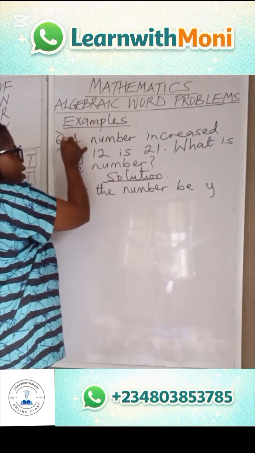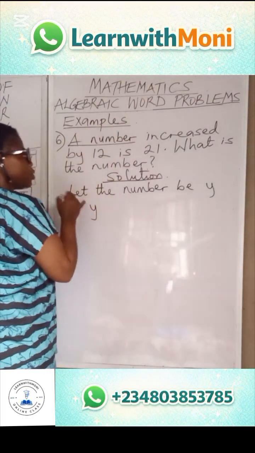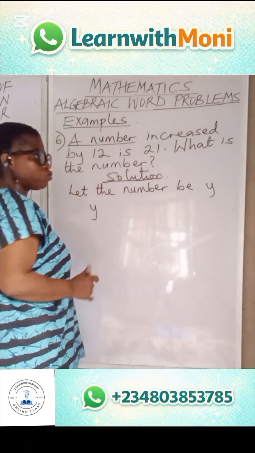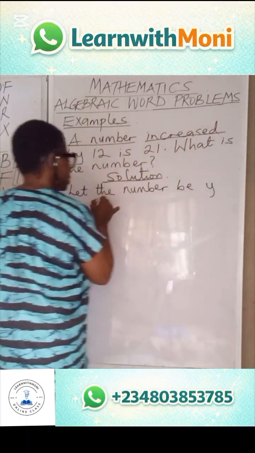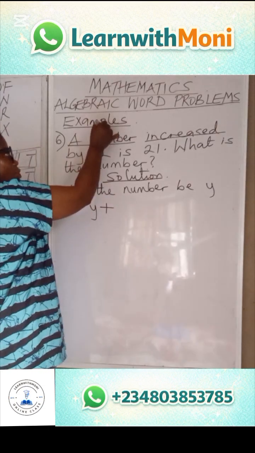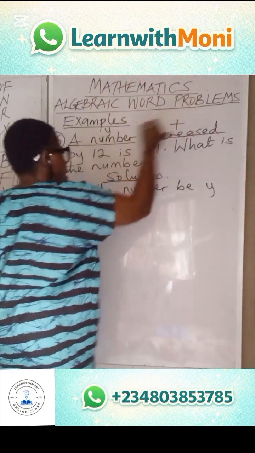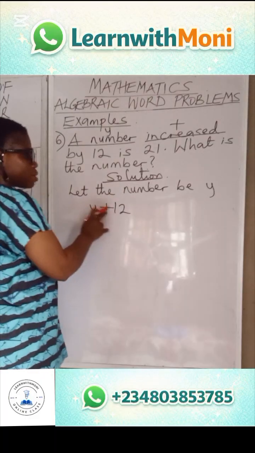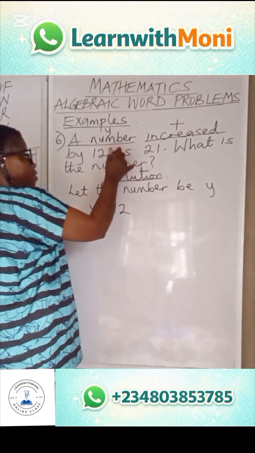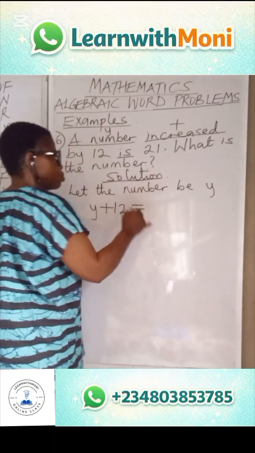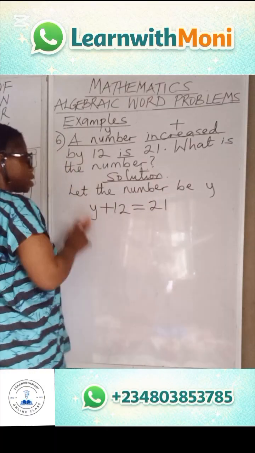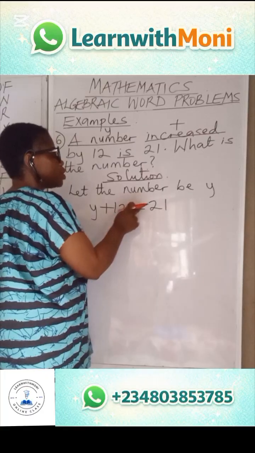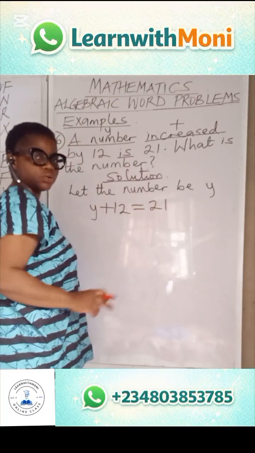So, a number that is y, we remember that increased means addition, added onto. Increased, that is plus. y plus 12. Y increased by 12 means equals 21. A number increased by 12 equals 21.